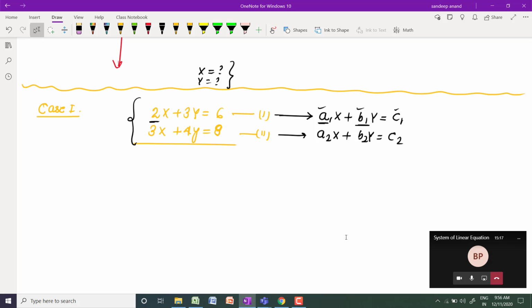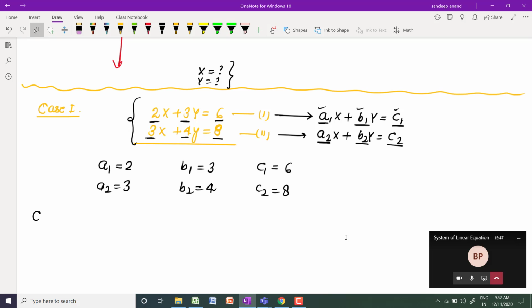If you compare, b1 is 3, and c1 is 6. So I'm writing over here my a1 value is 2, b1 value is 3, and c1 value is 6. Now what is the coefficient value of a2? If you compare with equation number 2, you will get a2 equal to 3, b2 equal to 4, and c2 equal to 8.